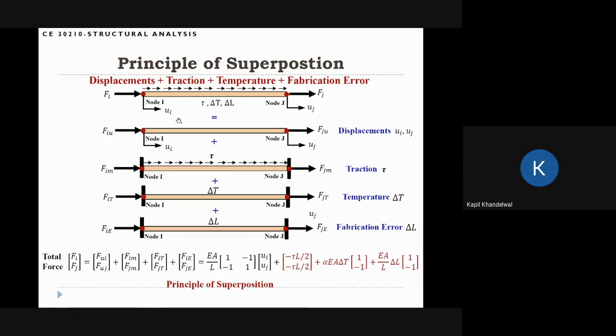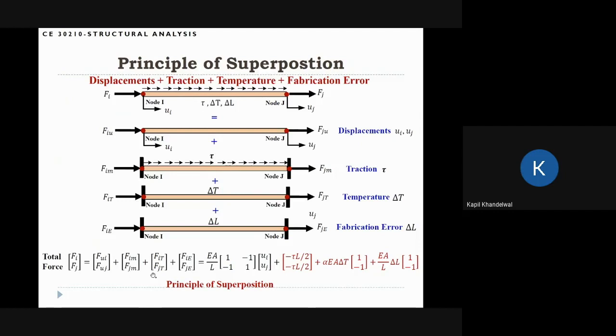So Fi and Fj are the total forces, equal to the force due to displacements, force due to tractions, force due to temperature, force due to fabrication error. This is the addition of all the forces. Force due to displacement is nothing but stiffness matrix times displacement vector.